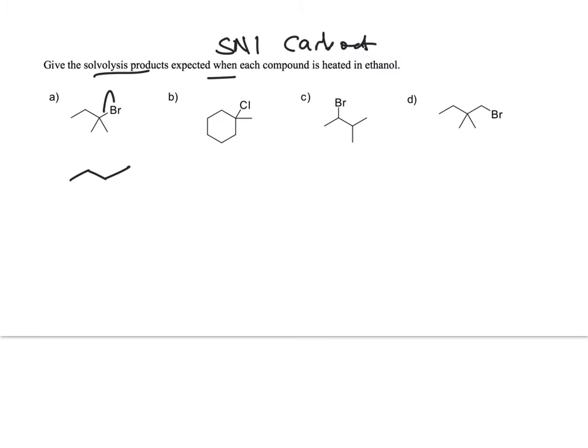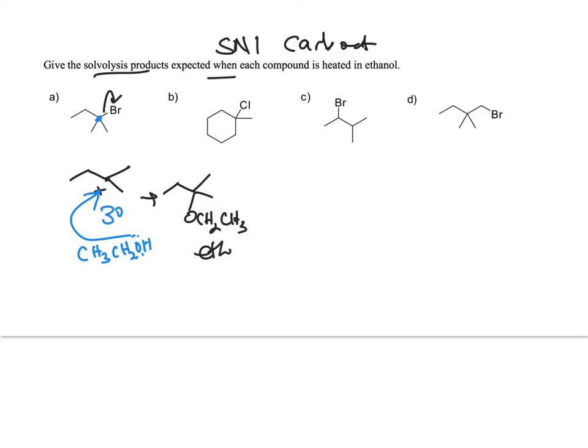So bromine leaves, and you get the carbocation here at this carbon, and this is tertiary. So ethanol is your nucleophile. The electrons will come in there, and then your product then would be OCH2CH3, which is an ether.